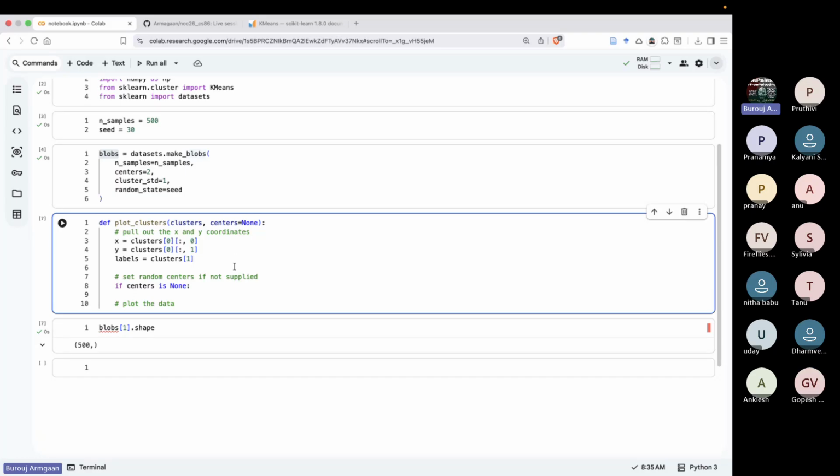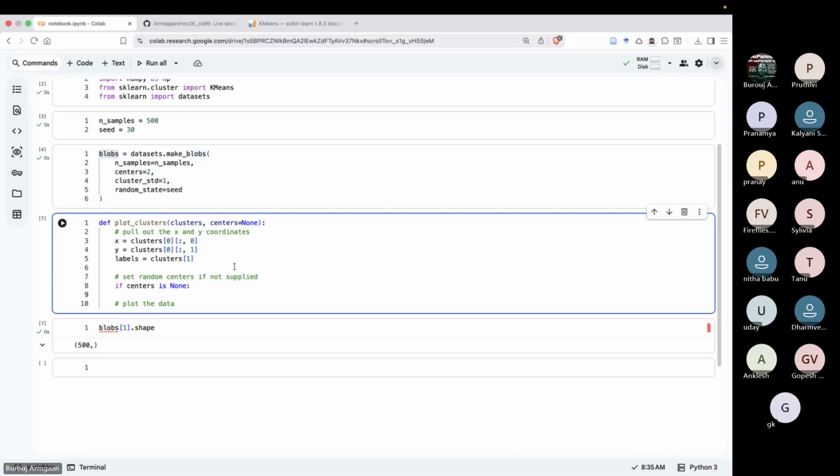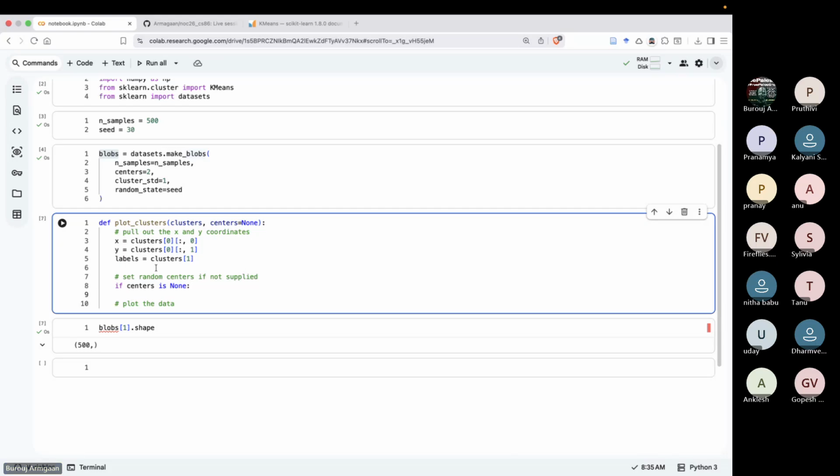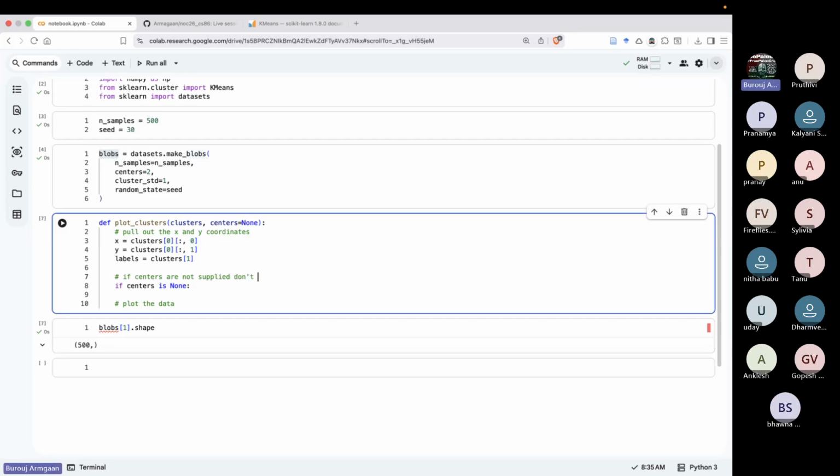Okay. So I think we also need to know how many centers we have. Hmm. So maybe rather than doing this, if centers are not supplied, don't plot. We can do this.